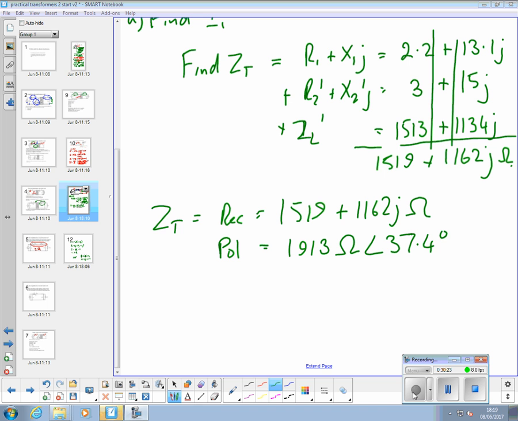Now can we calculate IP? How do we do that?